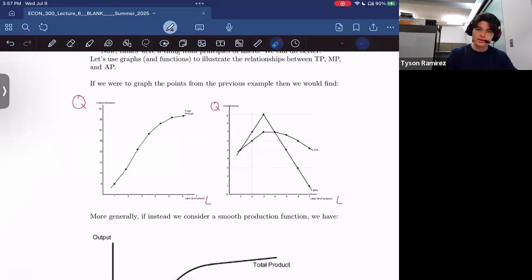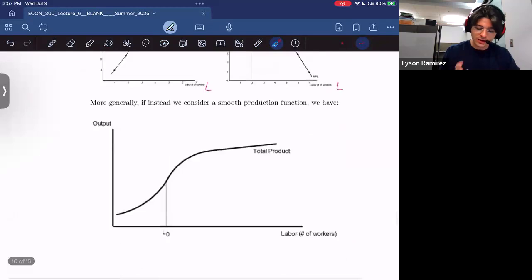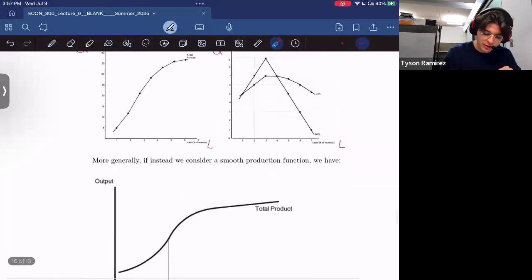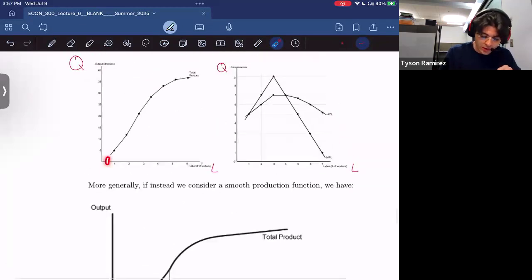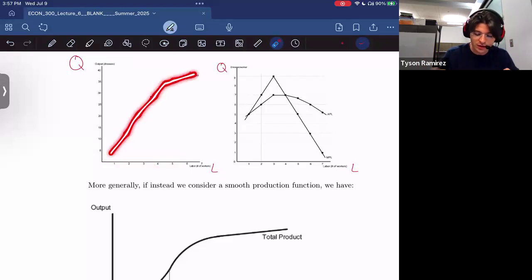But to see this more clearly, let's instead consider a smooth production function. So if instead I'm doing just units of like 1, 2, 3, 4, whole numbers, we refer to those as discrete counting. And so we get a discrete looking graph with just points and that we've drawn this line through.